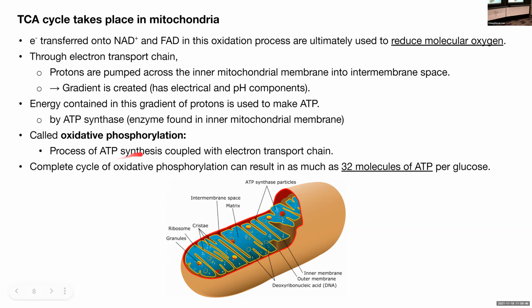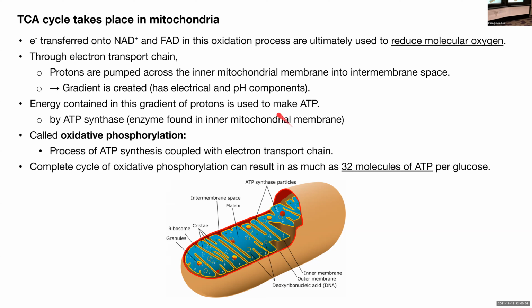This process of ATP synthesis is coupled with the electron transport chain. Again, it's about using electron carriers like NAD plus or FAD to move the electrons from the substrate to the final acceptor, like oxygen.